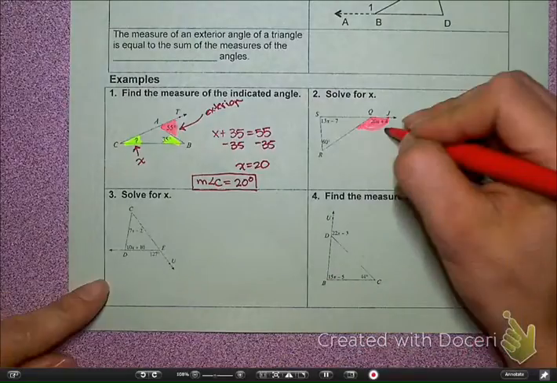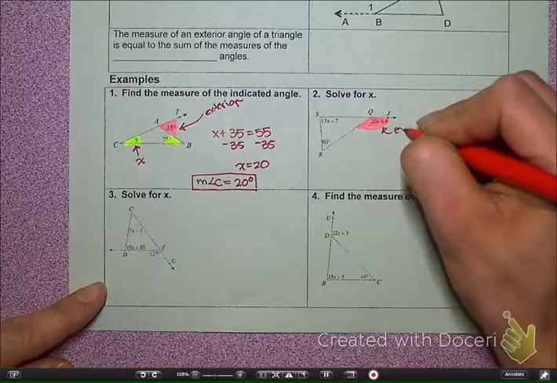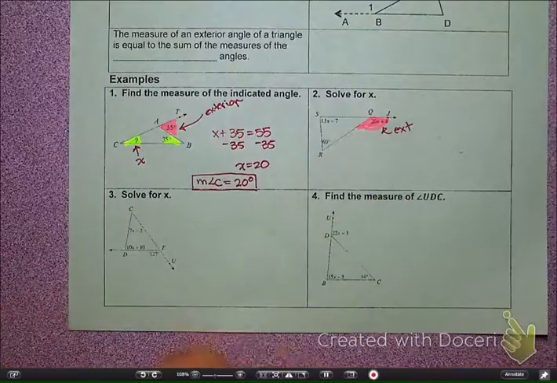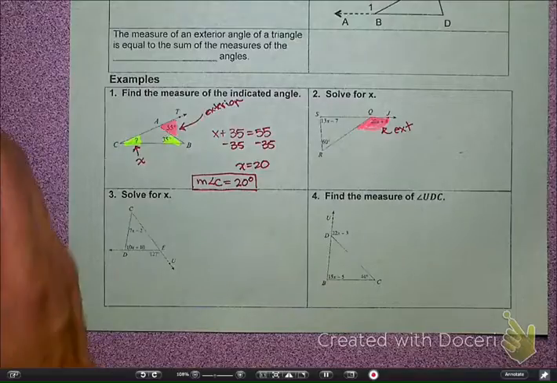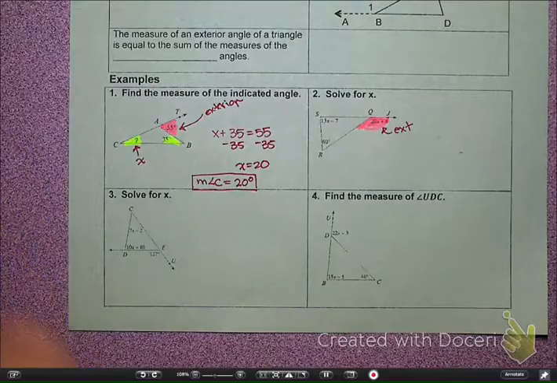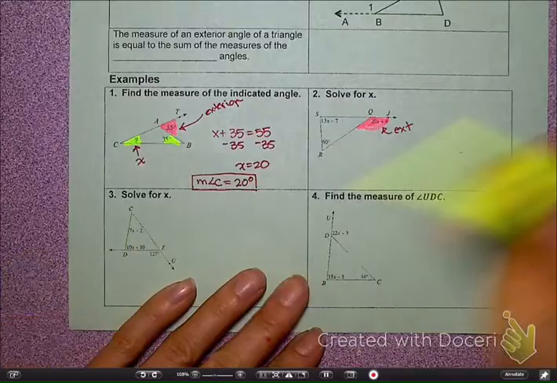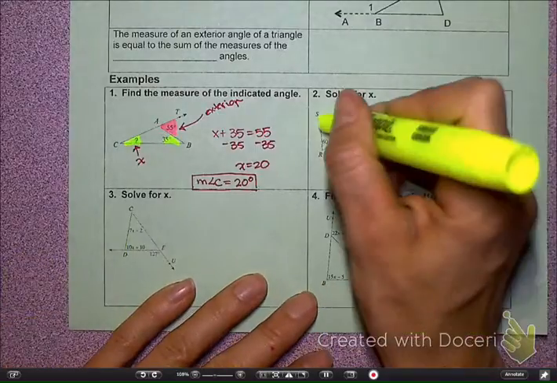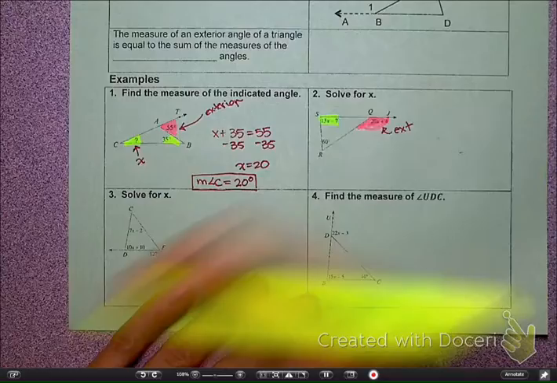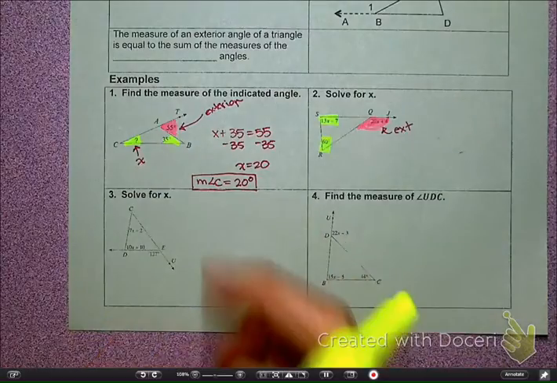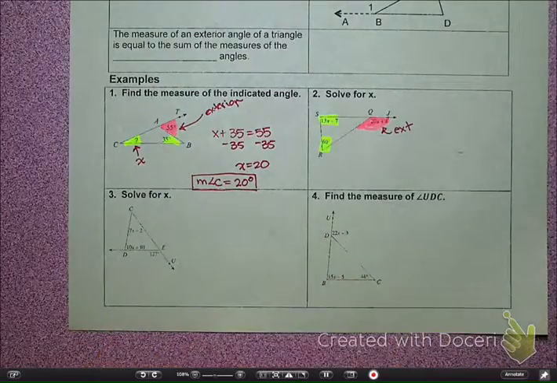Now, which ones are your two remote interior angles? Well, they can't have the vertex Q because Q is going with the exterior angle, so they have to be not touching that vertex. So which vertices are we talking about here? Angle S and what else? R. Angle R, okay? All right, so now, what equation are we going to set up?